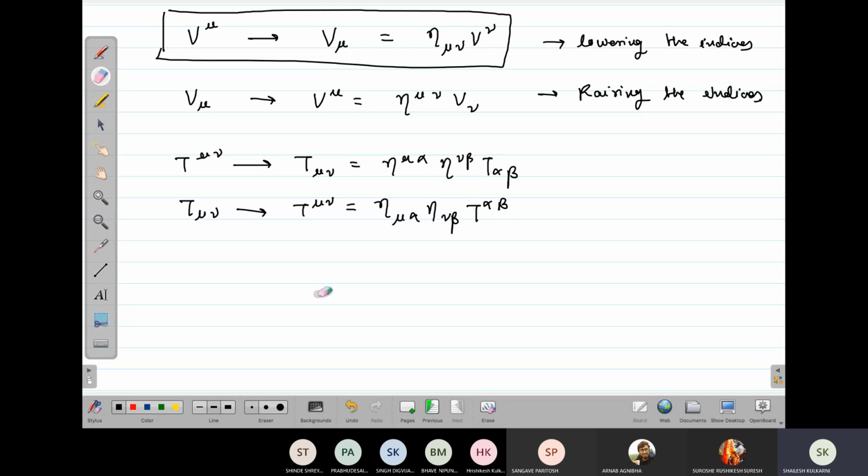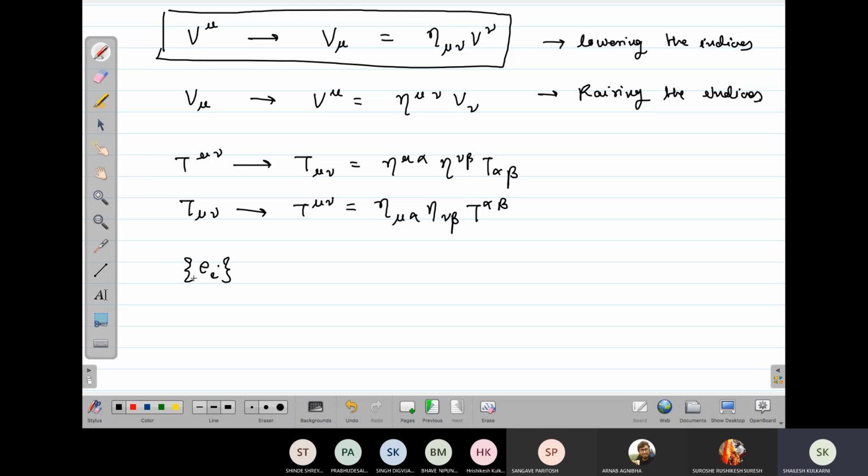So that's it. This is a very brief introduction to tensors, and from now onwards we will apply this to special relativity. Only one point remains. Till now we were using a general basis e_i, and I never assumed anything special about this basis.